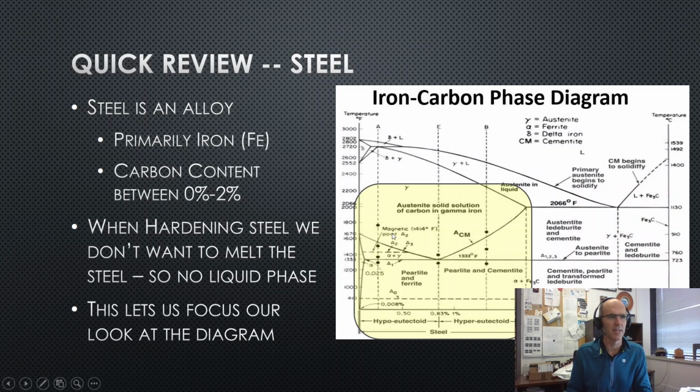You'll see that there's a line that says the magnetic point. And one of the cool things that happens when you switch from ferrite to austenite is that your steel stops being magnetic. Because you've changed that crystal structure, it's the crystal structure of ferrite that makes steel magnetic or able to respond to magnetic fields.